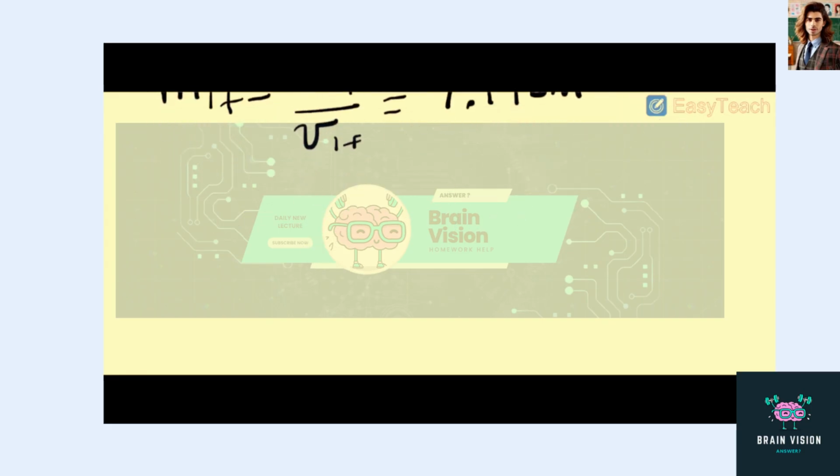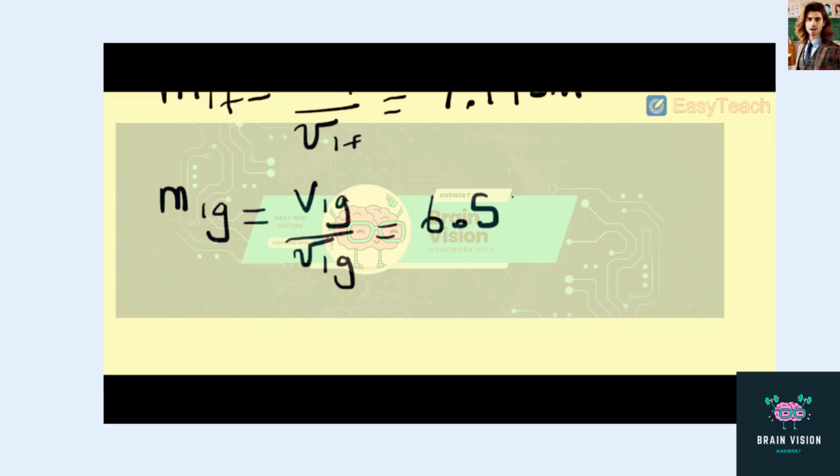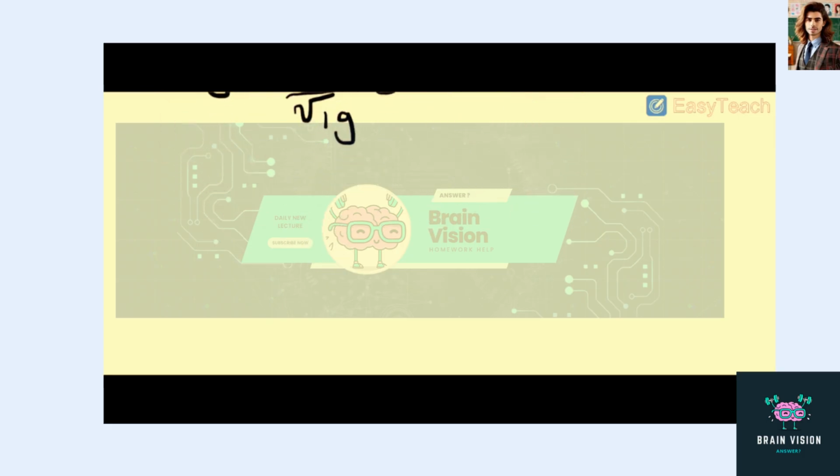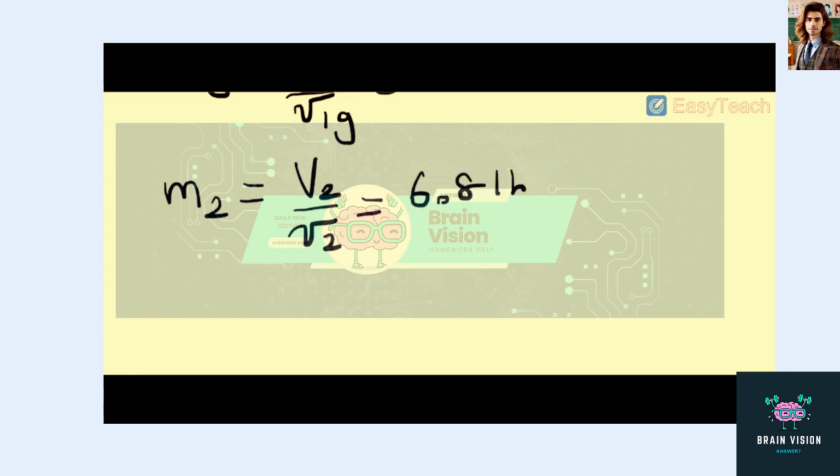Similarly, we'll do the same thing for the vapor. We'll say M1G is equal to V1G over specific volume v1G, which gives us a total mass of 6.5 pound mass. We'll again use a similar relation to find the final mass in the tank after every bit of liquid has vaporized. And that's V2 over specific v2, which gives us 6.8 pound mass.